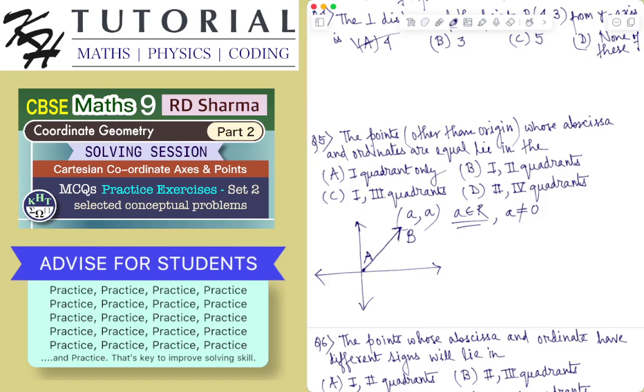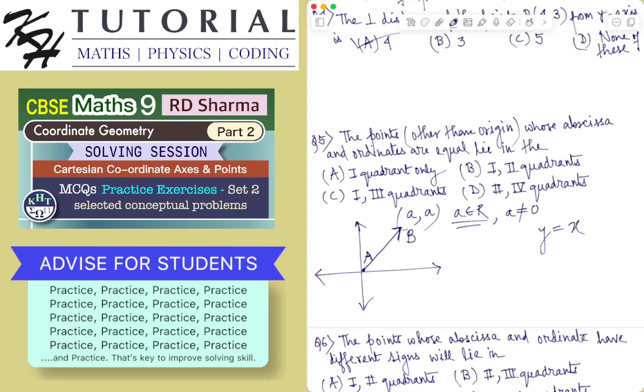So if you consider AB as a straight line, if you join the points A and B, then it will be the straight line y equals x. You see the coordinates of all the points are (A, A).